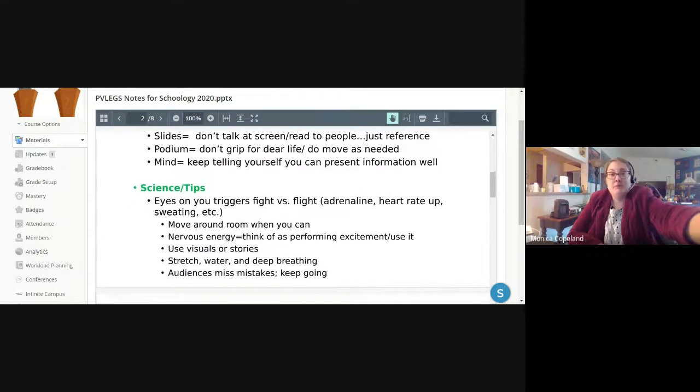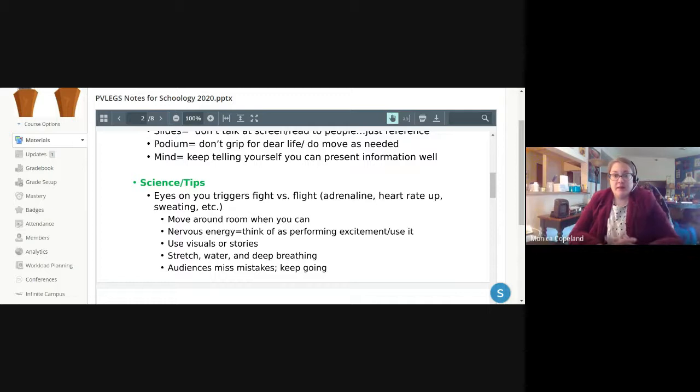Okay, the podium, third tool of poise. Podium up front. So if you perform in class, this counts. One tip is don't grip it for dear life. Every so often I'll get a student who's gripping it so hard that we can see the whites of their knuckles. You are not confined to a podium when you speak. In fact, I would suggest use the entire front space if you're performing in class.